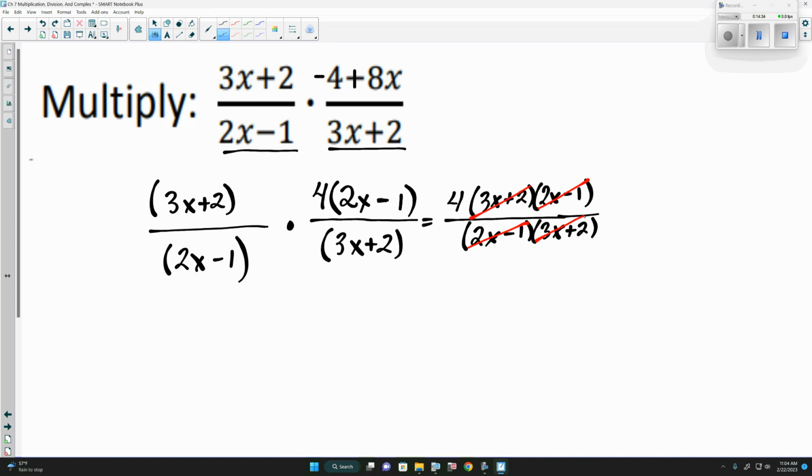And we also have 3x plus 2 and 3x plus 2 on top and bottom. So what's the only thing left? And since it's on top, we just have 4 over 1 or just 4. If the 4 had been on bottom, we would have had 1/4.